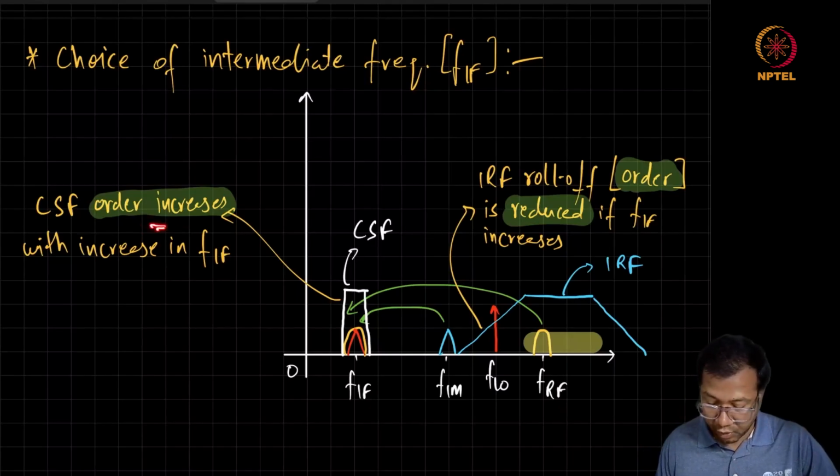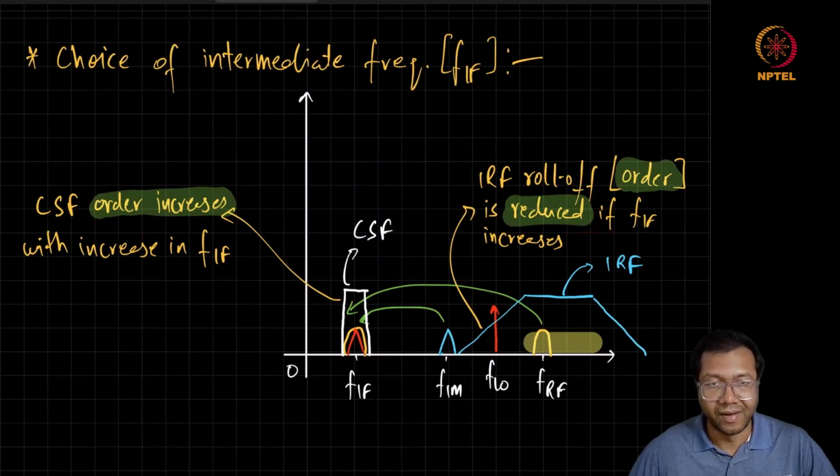So we have got two opposite trends, which is decided by the choice of intermediate frequency.